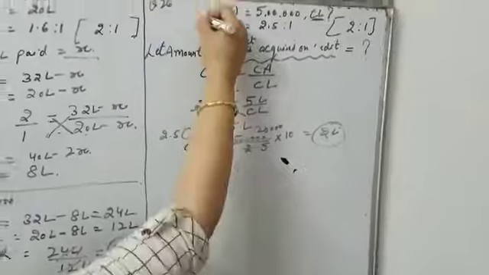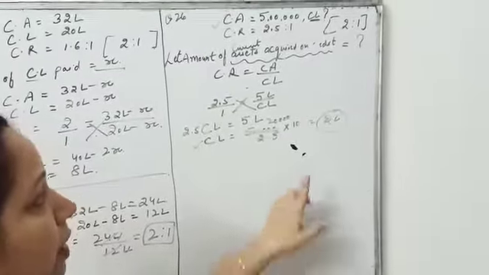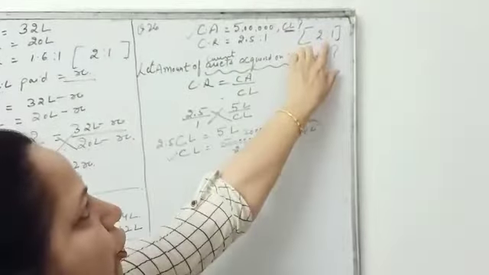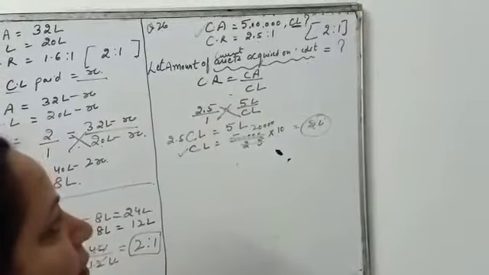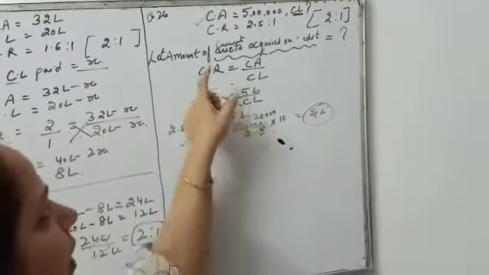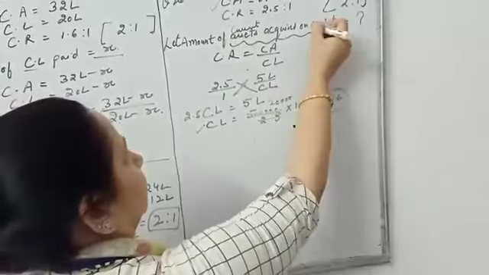Here the value of current assets and liabilities we have already solved. Now the accountant is interested in maintaining the ratio 2:1. Now what will be the effect on current assets and liabilities? Here is the amount of current assets acquired on credit.